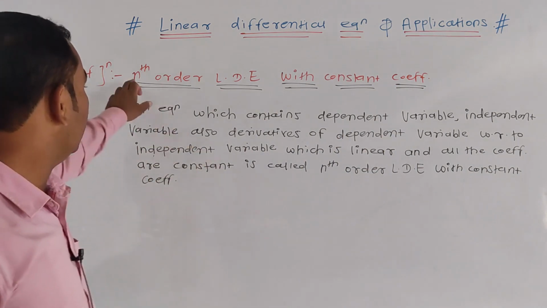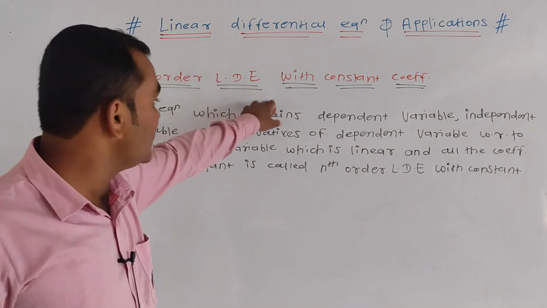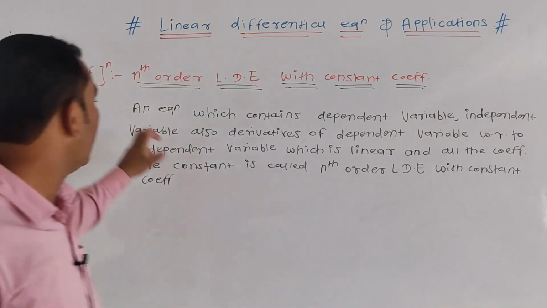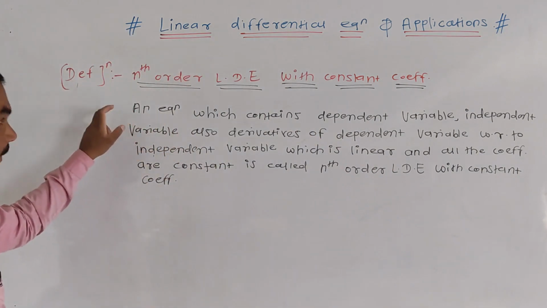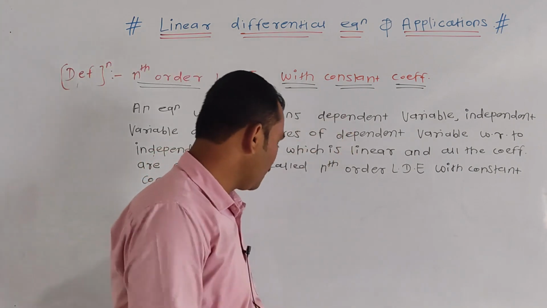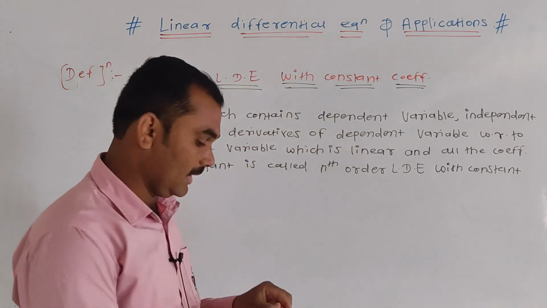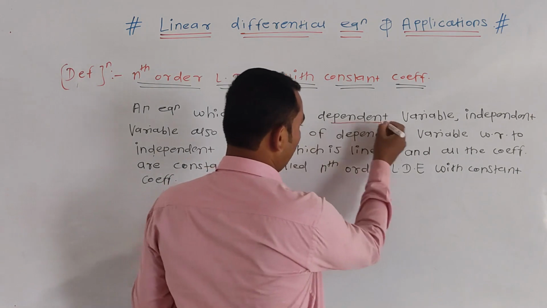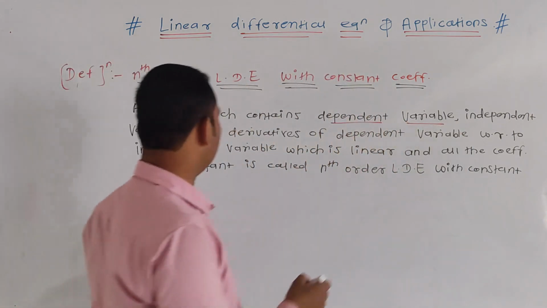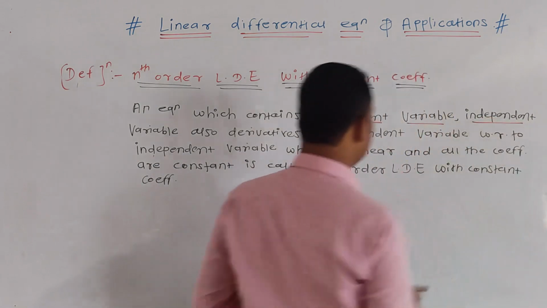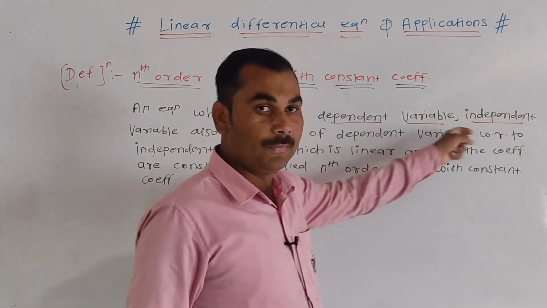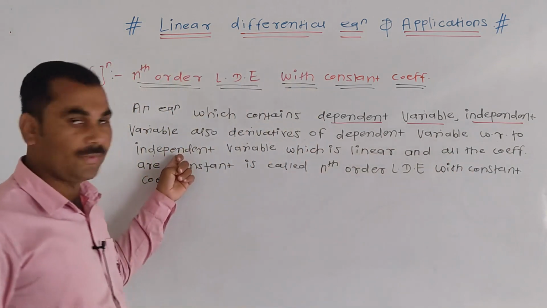Okay, the nth order linear differentiable equation with constant coefficient, what is its definition? An equation which contains dependent variable, also independent variable, also the derivatives of dependent variable with respect to independent variable.